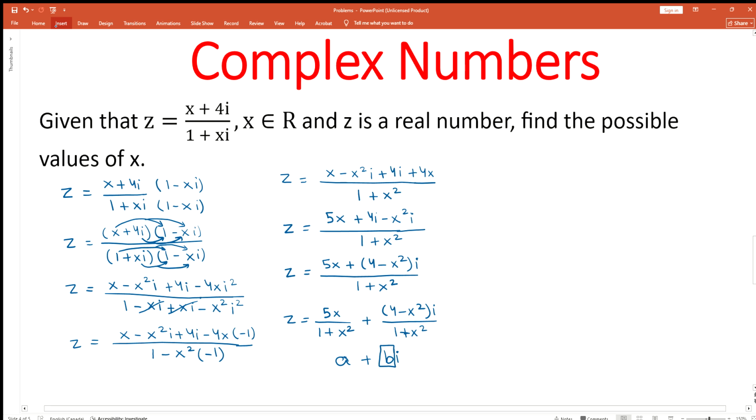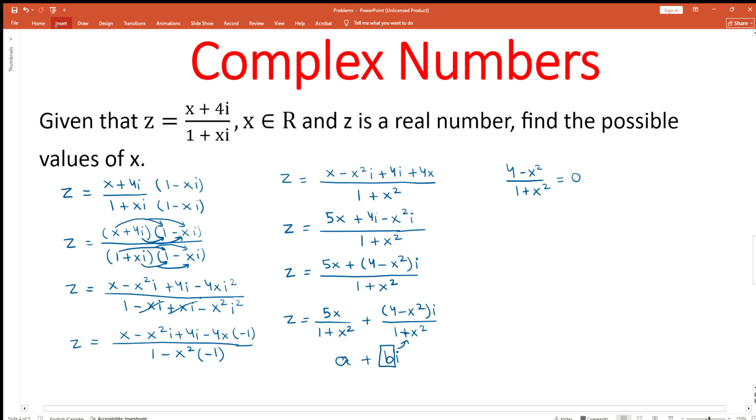As per the expression we got for z in standard form, the value of b is 4 minus x squared over 1 plus x squared, because this is the coefficient of i in the z expression. So the value of this fraction 4 minus x squared over 1 plus x squared should be equal to 0. This is an important concept we need to understand and memorize.